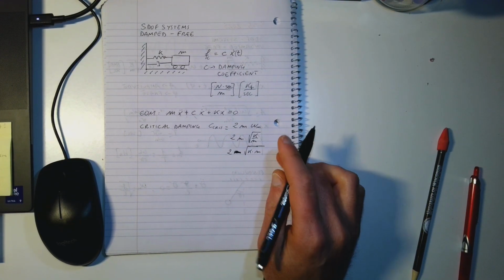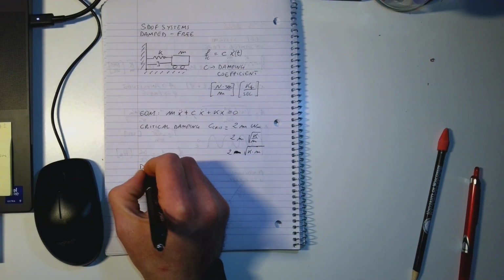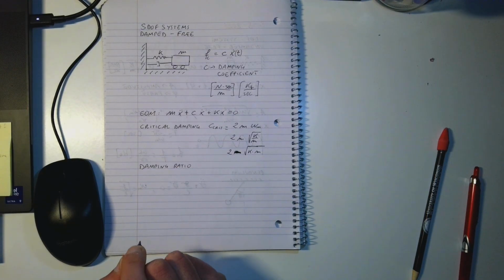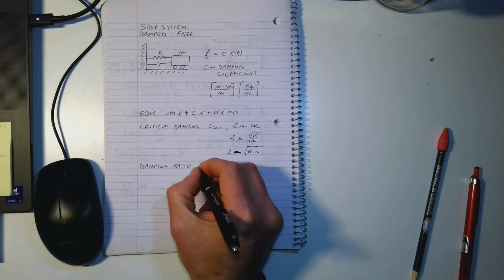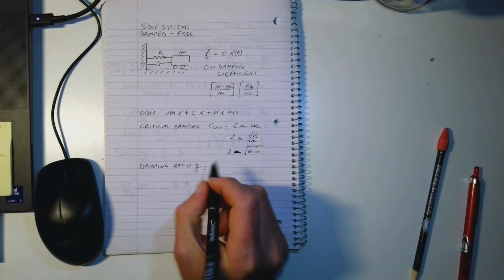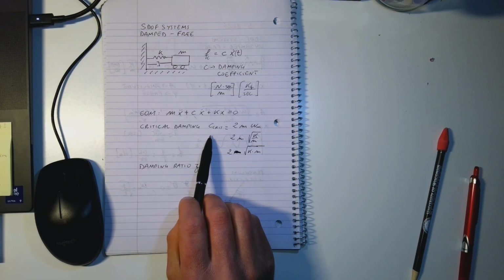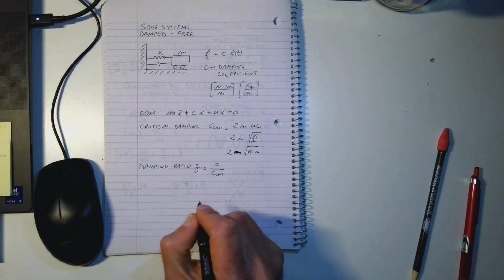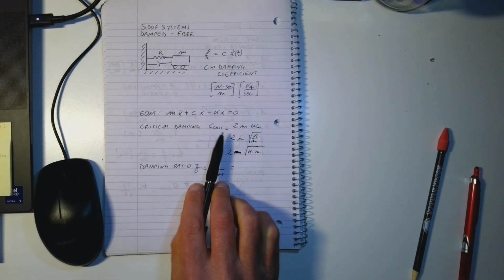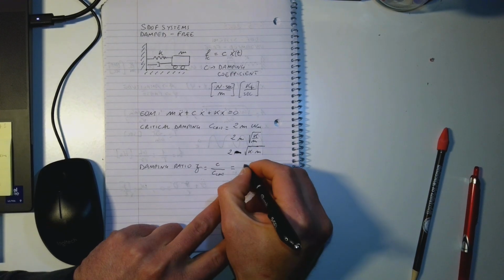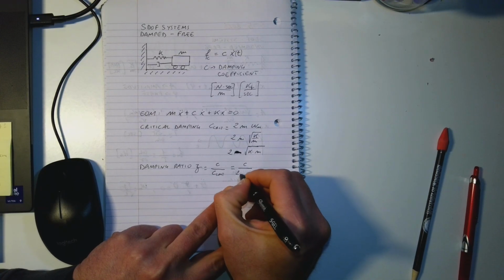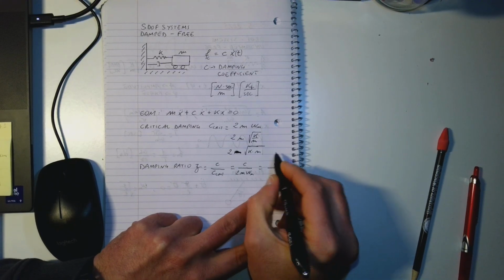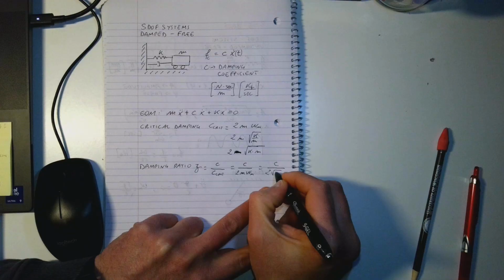We also introduced the concept of damping ratio. The damping ratio is indicated with the letter zeta, and is indicated as a ratio between the damping coefficient and the critical damping. So it will be c divided by c critical. And from the definition of c critical, we can write this as c over 2m omega n, or c over 2 square root of km.